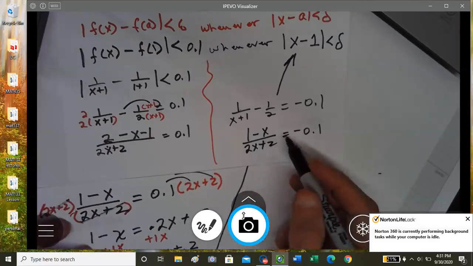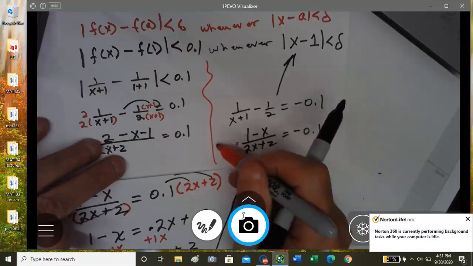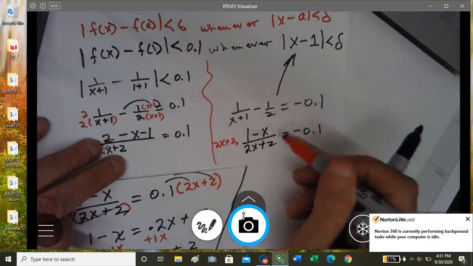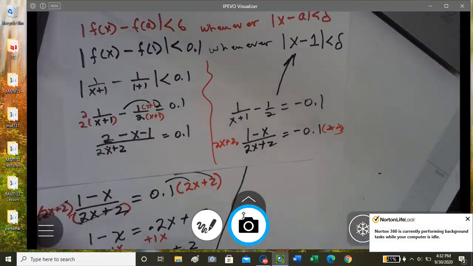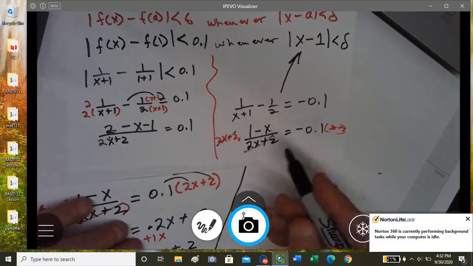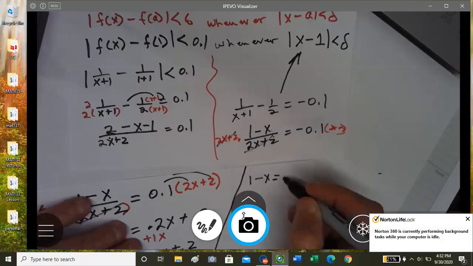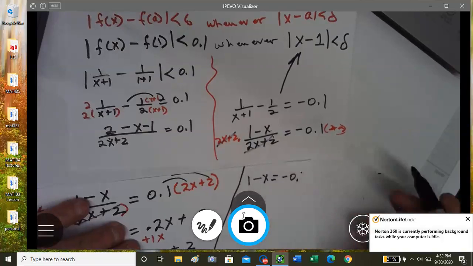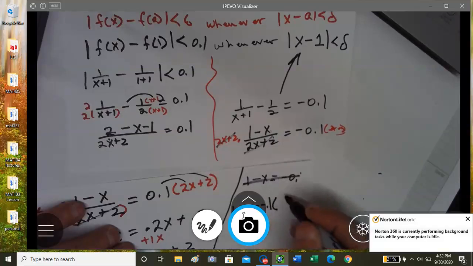Okay, so now we want to multiply out the denominator again. So we're going to multiply 2x plus 2 to both sides. So that cancels the denominator out, and we get 1 minus x equals negative 0.1 times (2x plus 2).